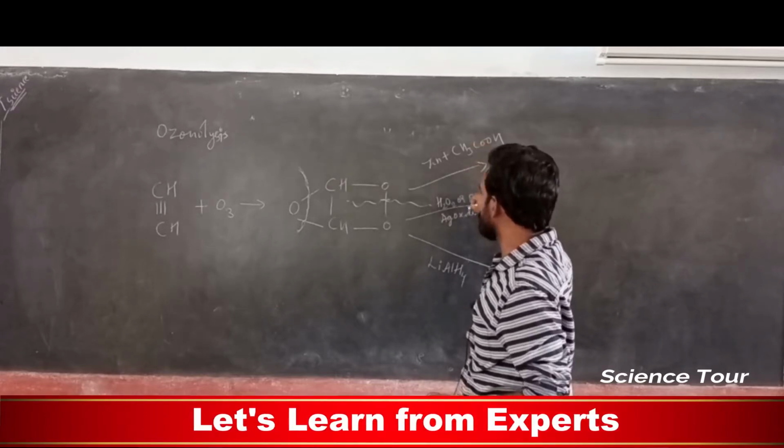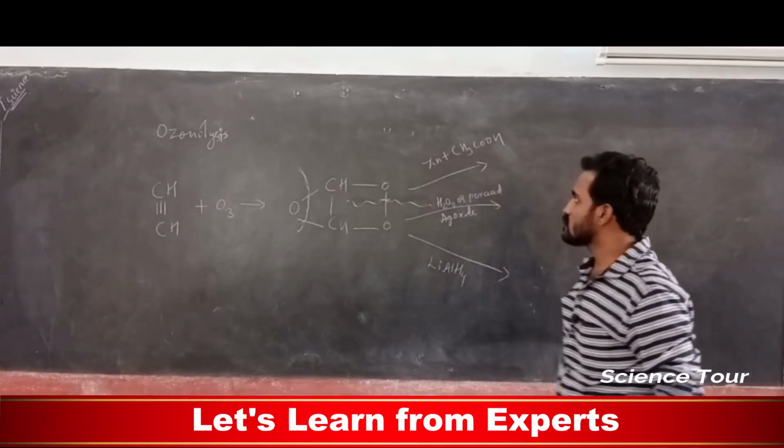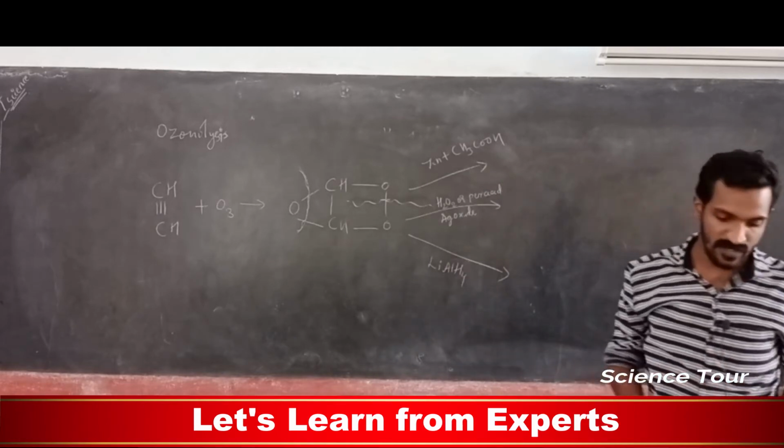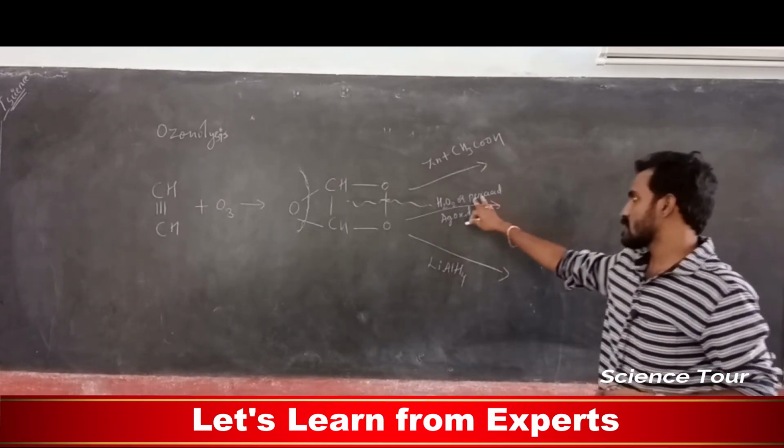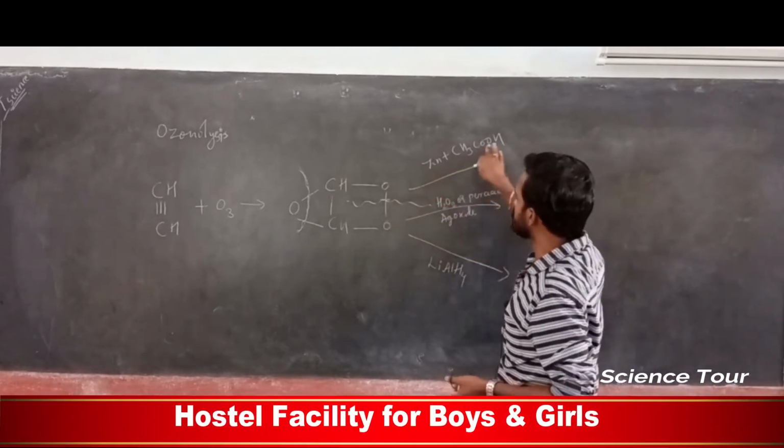So these three different reagents are used. This one you are getting ozonoid treated with the zinc in the presence of acetic acid.